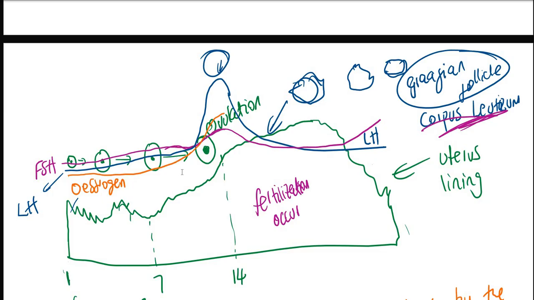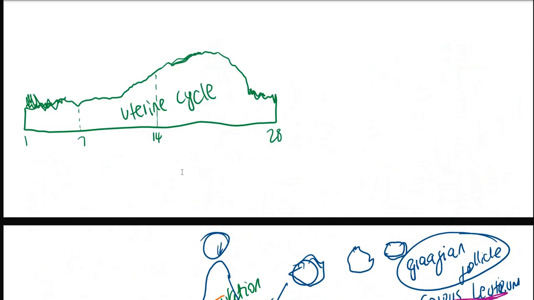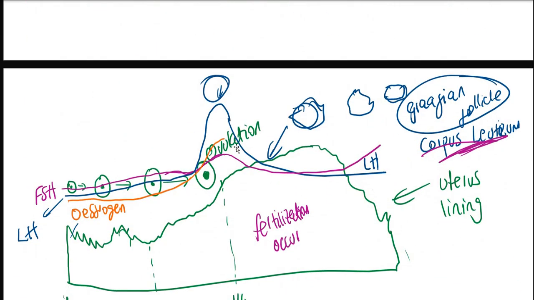Right, what about estrogen? Now, estrogen, on the other hand, is produced by the growing graafian follicle, isn't it? So, do you think the levels of estrogen are going to increase or decrease after the egg has been released? Remember, estrogen is produced by the follicles.